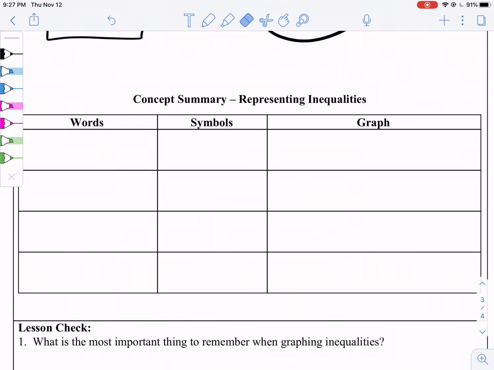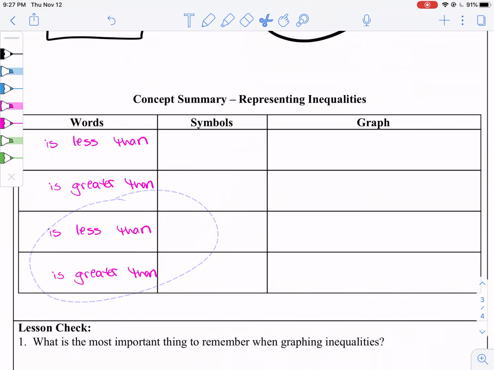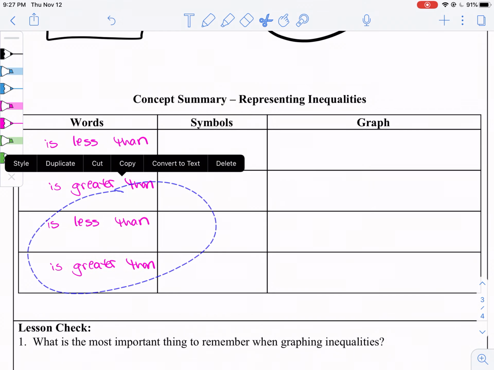So in sum, we have 4 phrases that we talked about. We talked about is less than. We talked about is greater than. We talked about is less than or equal to.